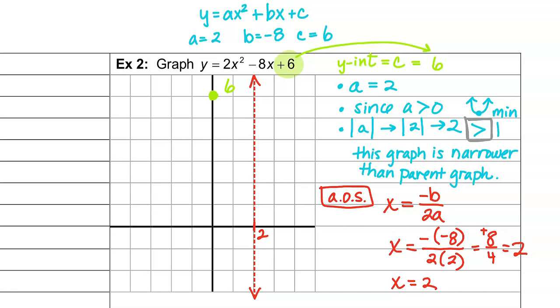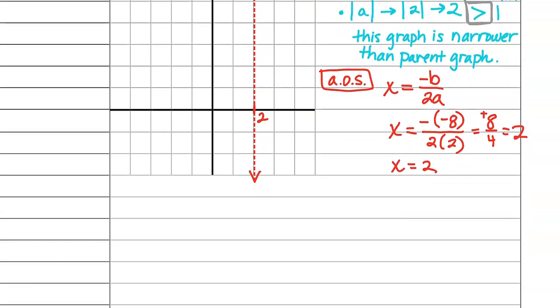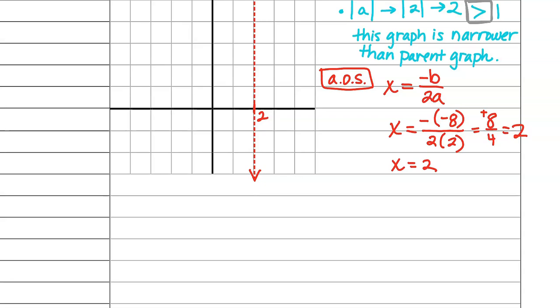Are we okay there? Now we know the vertex falls on the axis of symmetry, so I'm going to find the vertex now. Just do it right here below.